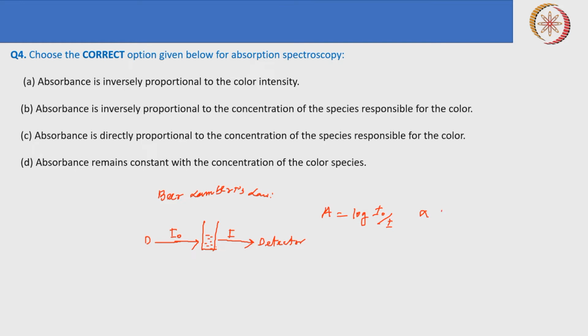Whatever analyte you have used, say concentration C, your absorbance is proportional to it. And if the path length is L, then the absorbance is proportional to your length, meaning if the path length is high, then your absorbance value will be high. If you remove the proportionality, we use a constant, epsilon, so A = epsilon Cl. This epsilon is nothing but the absorption coefficient.